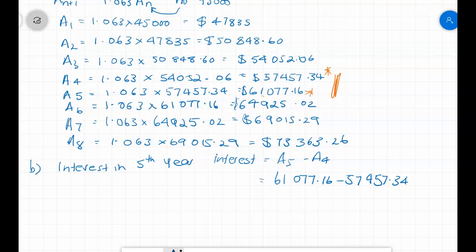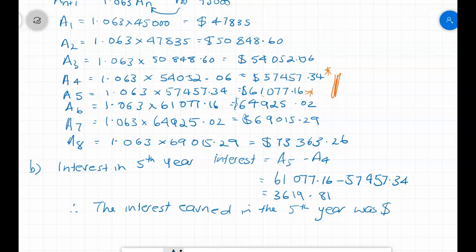And when I put that into my calculator, it equals a grand total of $3,619.81. So therefore the interest earned in the 5th year was, with my dollar sign, $3,619.81. Okay, that's how we roll.